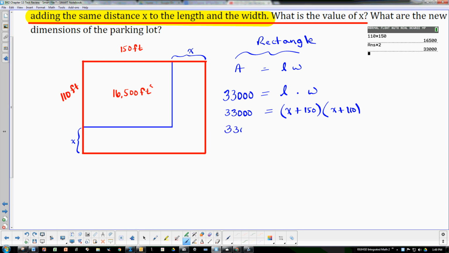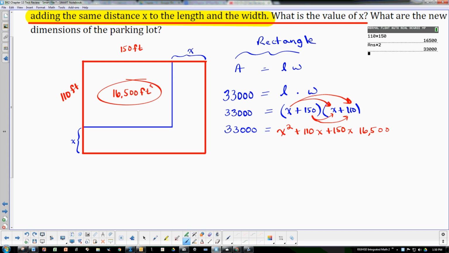All right, so I have 33,000 is equal to, I'm going to do x times x, that's x squared. X times 110, that's going to be plus 110x. And then 150 times x is plus 150x. And then finally, 150 times 110, well, we already have that. That's 16,500. Now I want to get this equal to 0, so I'm going to subtract 33,000 on each side.